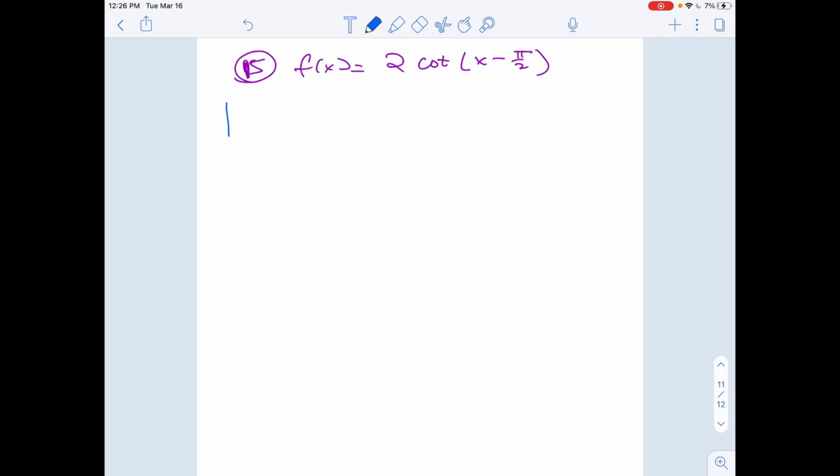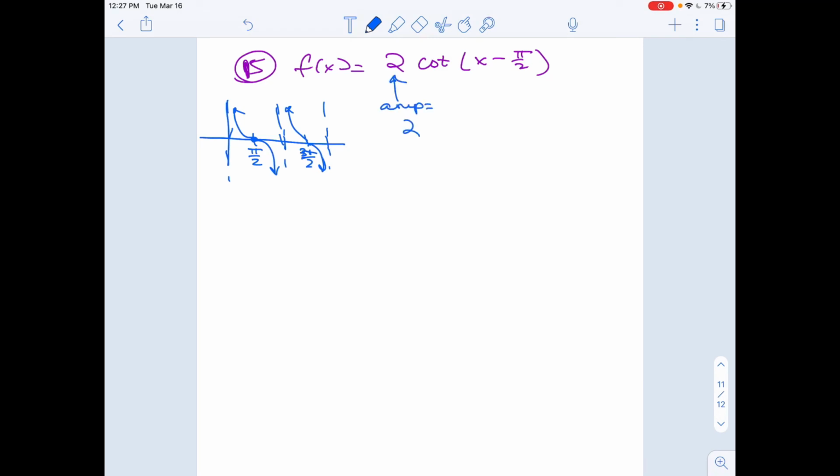We also know typically that cotangent looks a little different than tangent, where tangent goes through zeros at 0, but cotangent goes through zeros at pi over 2 and 3 pi over 2, and its asymptotes are at 0, pi, and 2 pi. And it goes down to the right, up to the left like this. So this is typically what cotangent looks like, but let's see how this is changing.